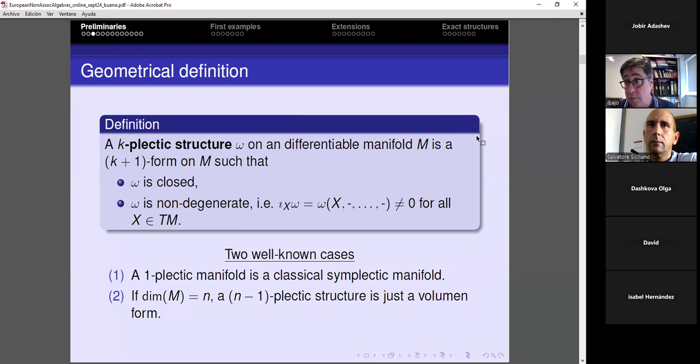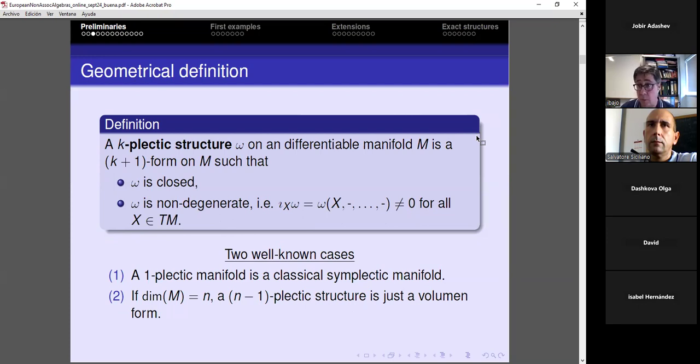There are two very well-known cases. The first case is a one-plectic manifold, which is the classical notion of symplectic manifold. And notice that when you have an n-dimensional variety, then an n-1 plectic structure is nothing but a volume form.